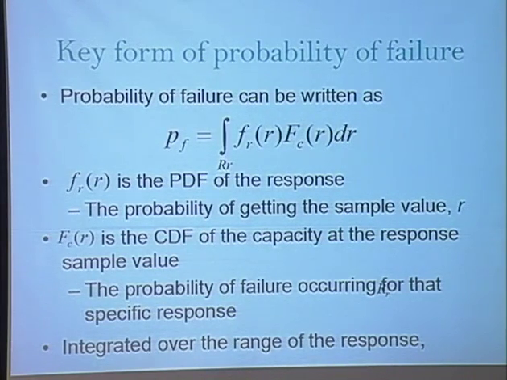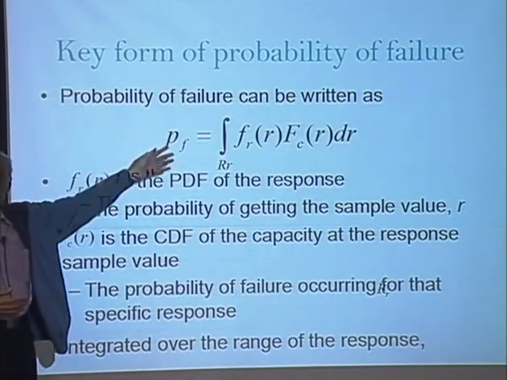Then I'm going to look for that value of the response, what is the CDF of the capacity, which is essentially, if the stress was, let's say, 85, what is the chance that it would fail? That is, the CDF of the capacity tells me the probability that the capacity is smaller than this 85. And so this goes to the meaning, why is this formula accurate?